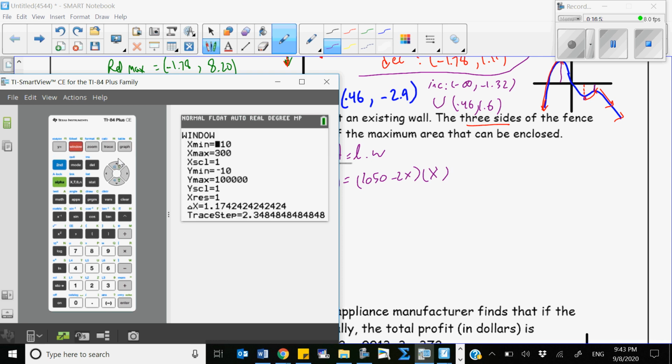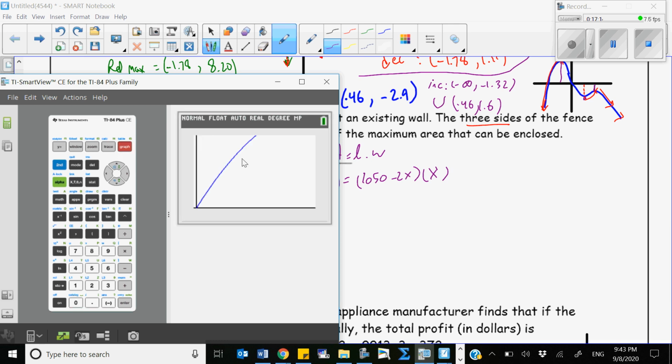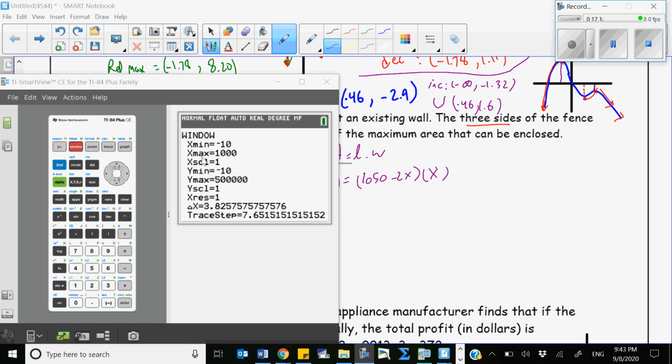So I'm going to make the x value 500 and the y 200,000. Still not big enough. So this time I changed the x maximum to 1,000 and y maximum to 500,000.